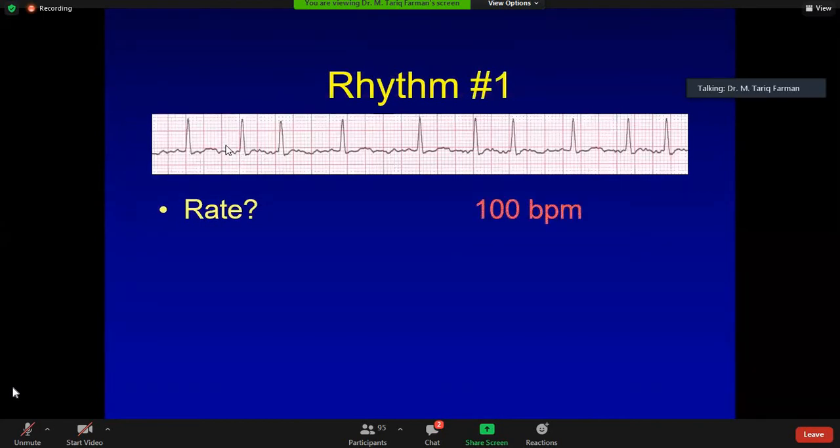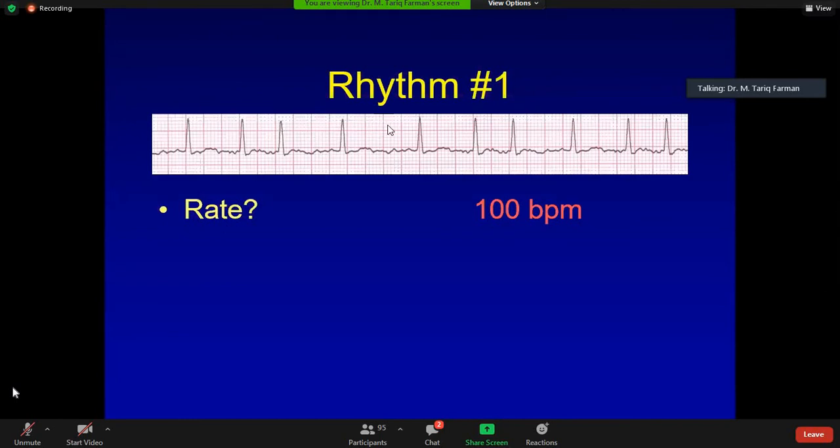How can you calculate the heart rate over the ECG paper if the rhythm is irregular? The method that I have told you earlier is not applicable over here, right? 300, 150, 100 is there, and 300, 150, it's more than 100 over here, right?